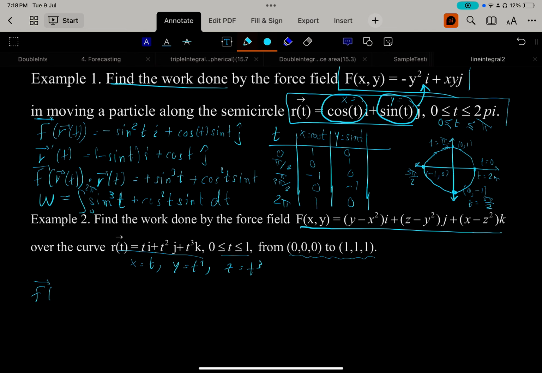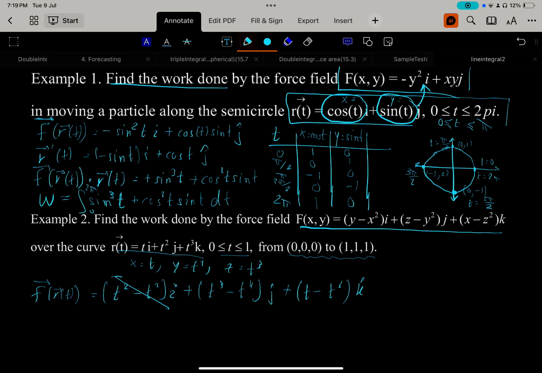So f of r of t is t squared minus t squared times i, plus t to the 3 minus t squared all squared, so t to the 4, j, plus t minus t to the 3, times k.